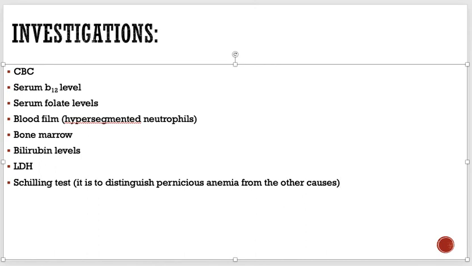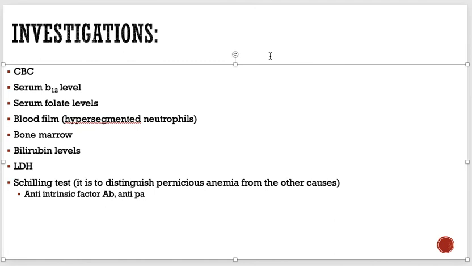Let me repeat, what is pernicious anemia? It is an autoimmune condition. There are antibodies. The antibodies which are there in pernicious anemia are anti-intrinsic factor antibodies, or anti-parietal cell antibodies, which I already explained.